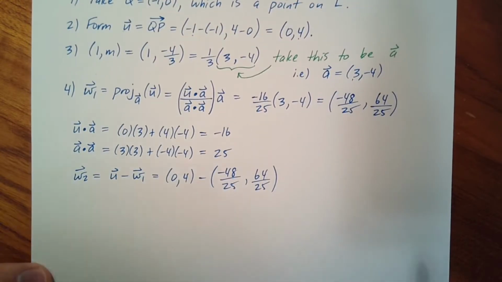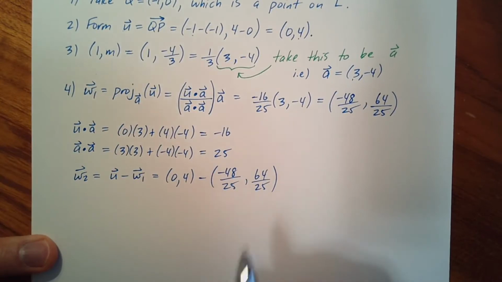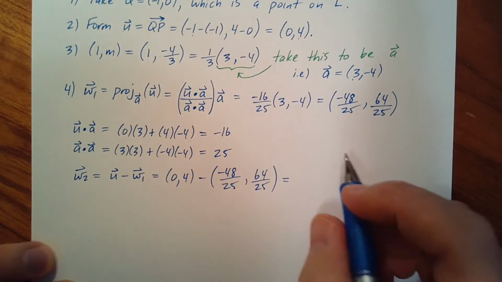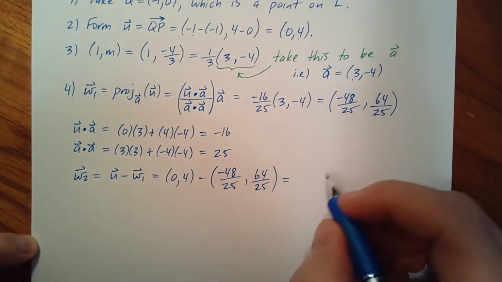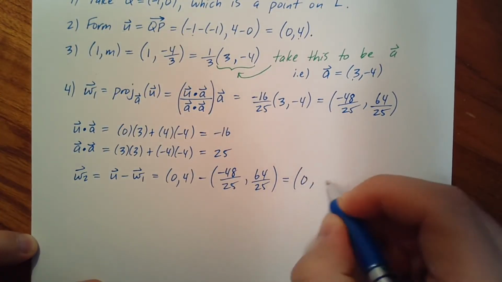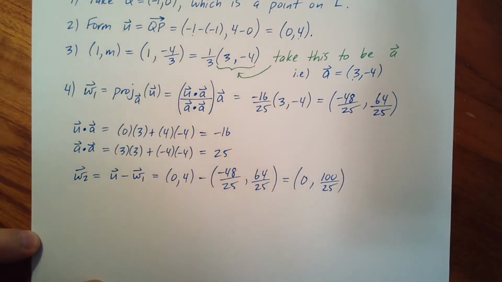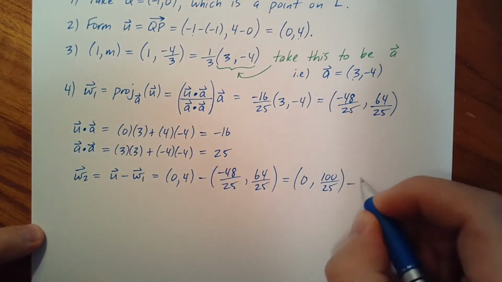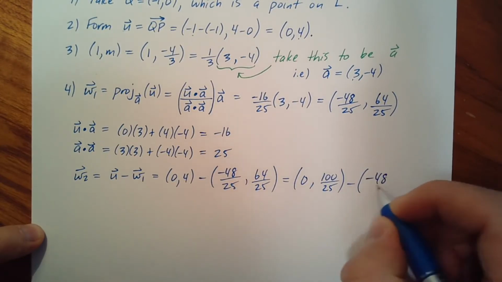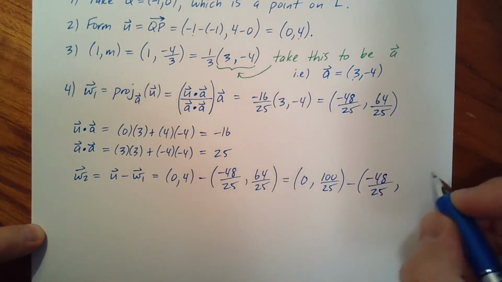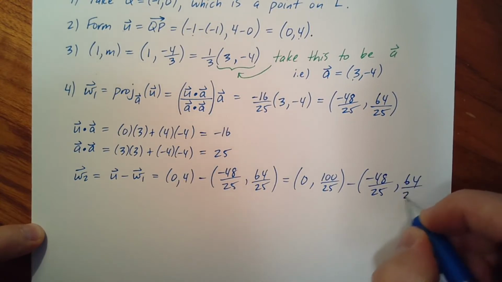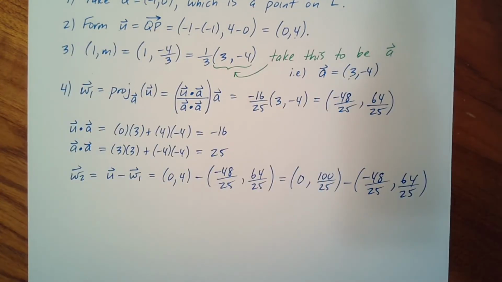So on our next step, we'll go 0, 100 over 25, and then minus negative 48 over 25, and 64 over 25. Okay, so what's this going to work out to be?